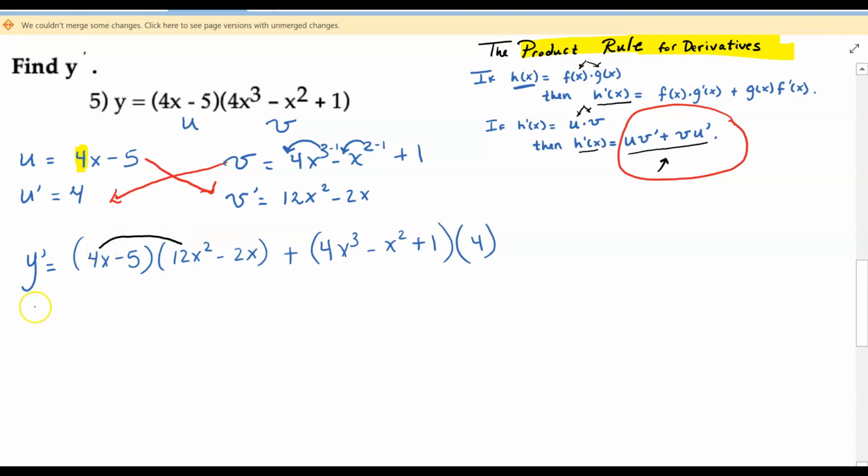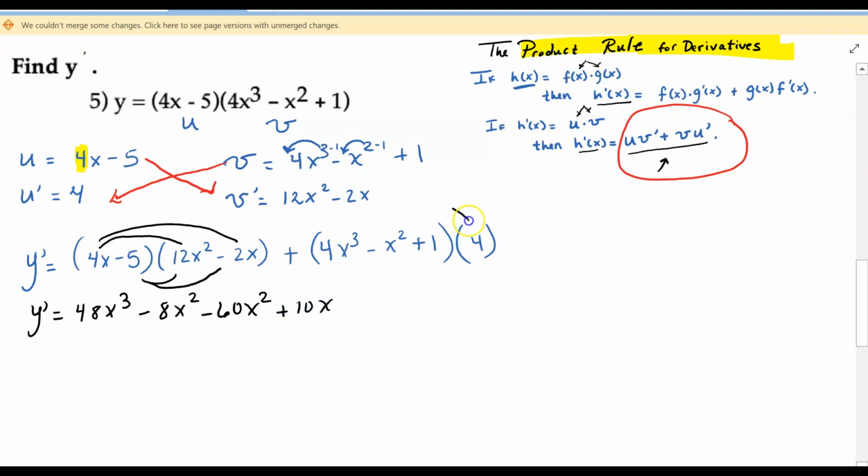That's going to give us 48x cubed minus 8x squared minus 60x squared plus 10x, and then we're going to back distribute the 4, so plus 16x cubed minus 4x squared plus 4.